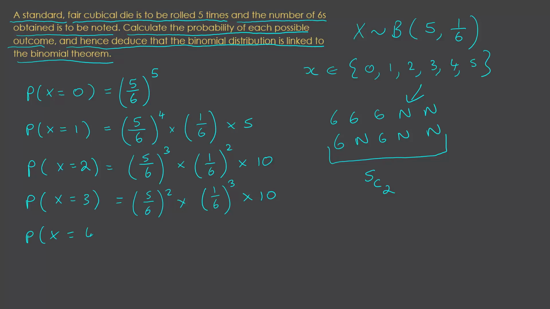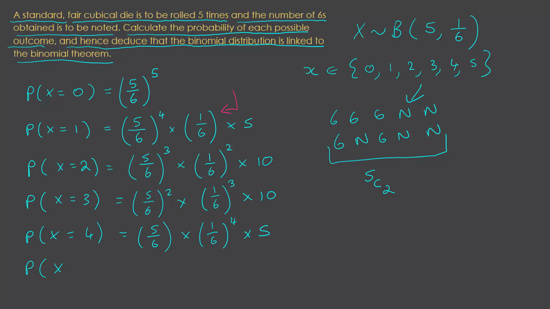Probability x is 4 is going to be just 5/6 multiplied by 1/6 to the 4. Clearly that situation is the same as we have here, except that we have more 6s and just a single non-6, but clearly there's 5 ways of arranging that.